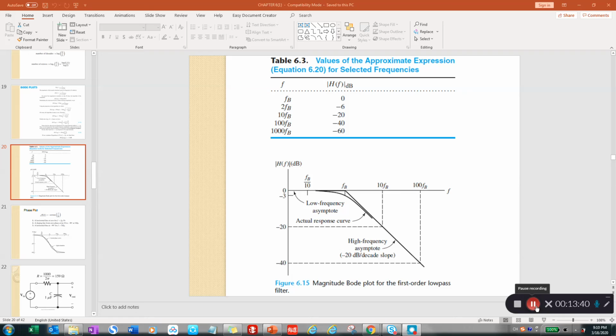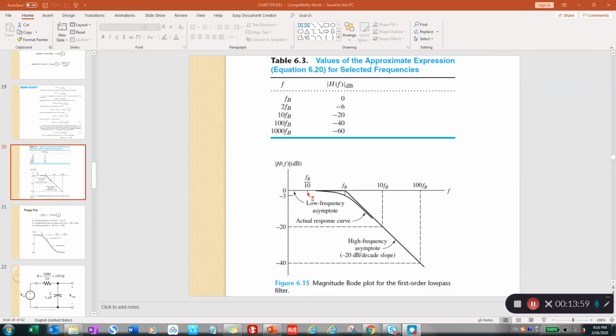So what does this graph mean? This is the amplitude plot, indicating the frequency response of the amplitude. When your signal passes through the filter, how will the amplitude be changed?